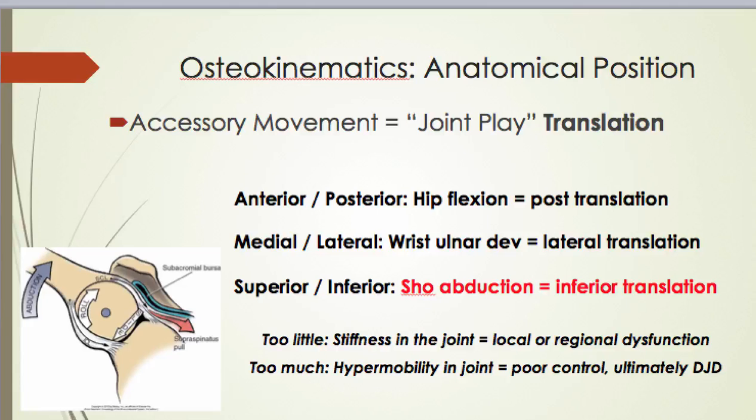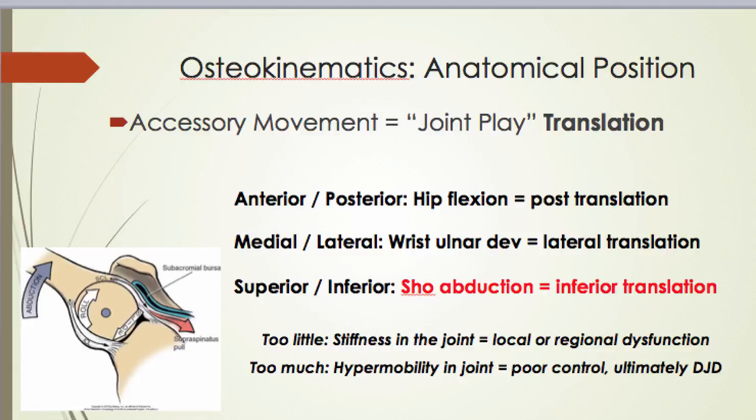For example, if the knee is flexed at 90 degrees, we can take the tibia and move it back and forward on the femur, and there's a fair amount of motion. However, if we fully extend the knee, we're going to have very little joint play motion because it's at the end of the range.